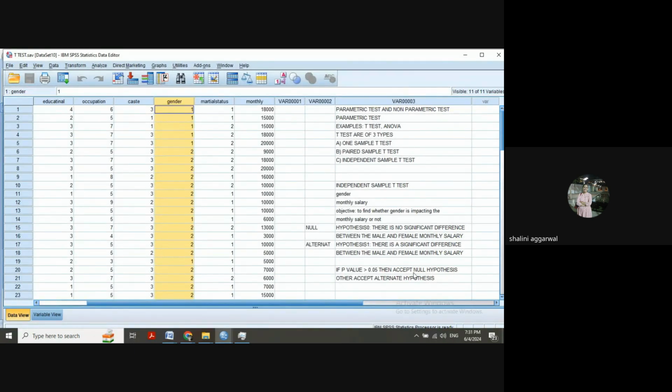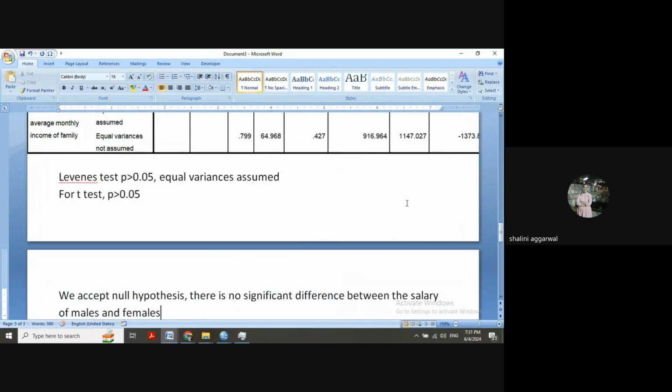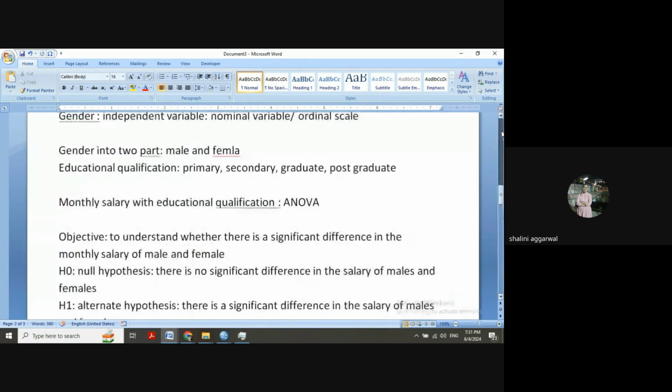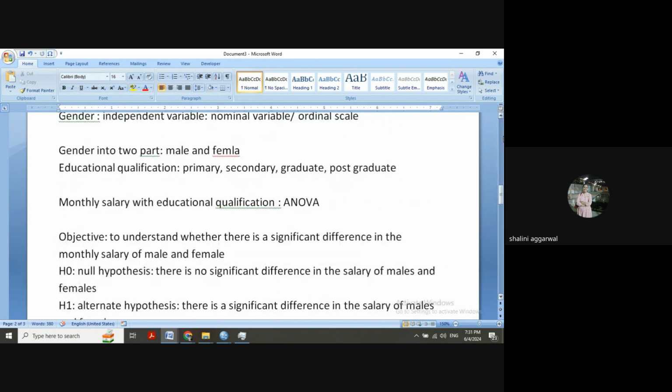If p-value is greater than 0.05, then accept the null hypothesis, otherwise accept the alternate hypothesis. So what is the result that we have got here? For the t-test, the p-value is greater than 0.05. So we accept the null hypothesis. There is no significant difference between the salary of males and females. You can also see from here, the difference in the mean values is not much. It is almost similar, right? So we can say this.